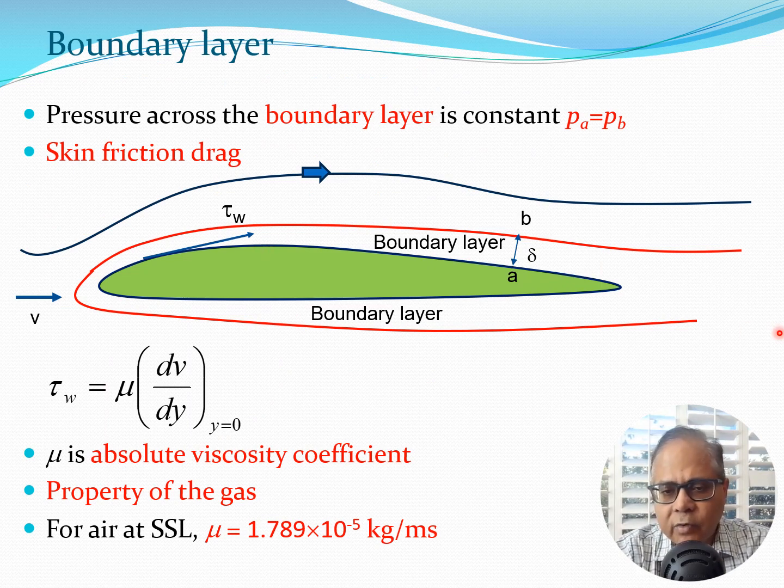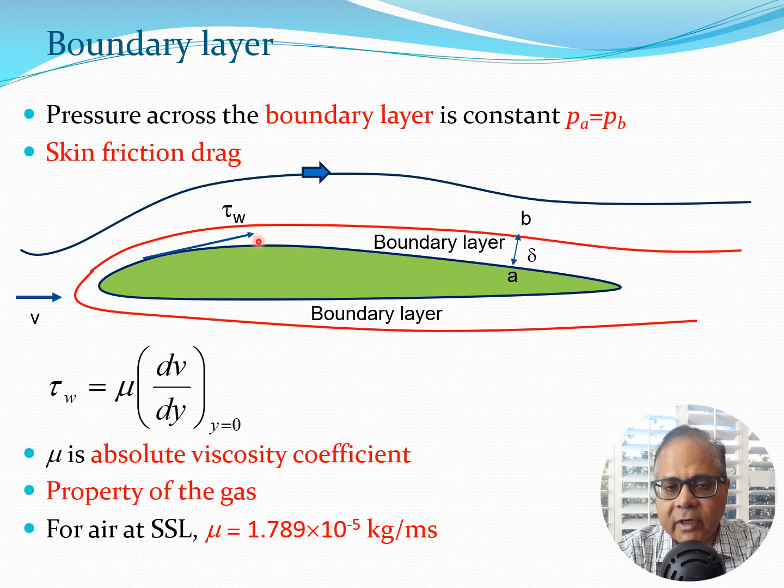So now there are some more facts about the boundary layer which have been obtained by experiment. For example, one of the facts is that pressure across the boundary layer is constant. So we can say that PA equals PB. So that's the pressure here, and that's constant throughout the boundary layer, and also that skin friction drag happens due to the boundary layer.